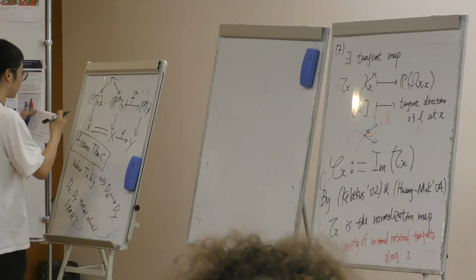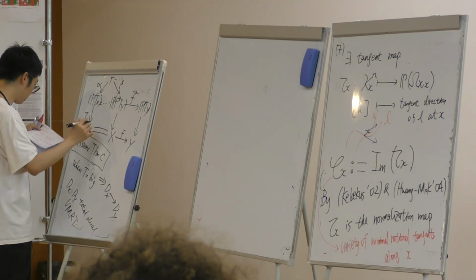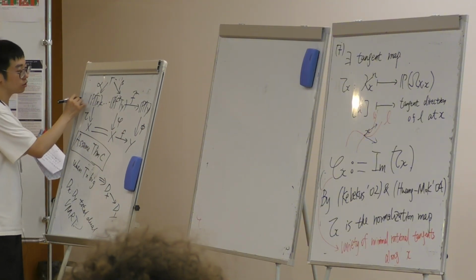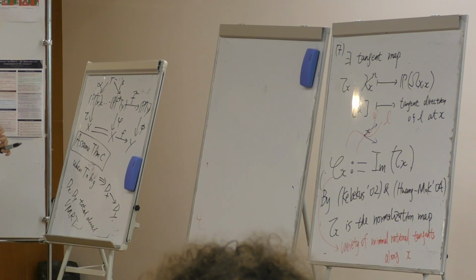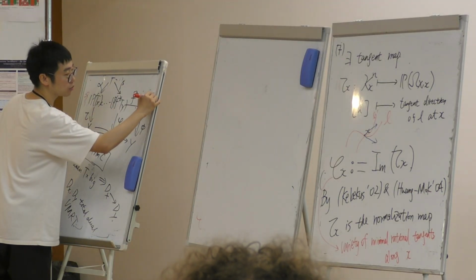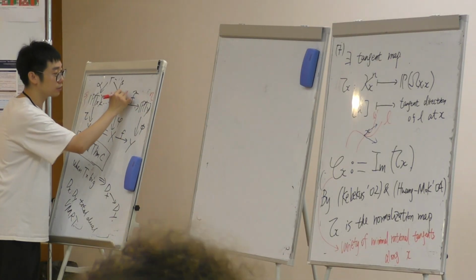So I give some notation: this is alpha, this is beta, and this is tau, this is phi, and this is phi. And the tautological line bundle I use xi, and I use eta to represent the tautological line bundle of PTY, and this is eta tilde.